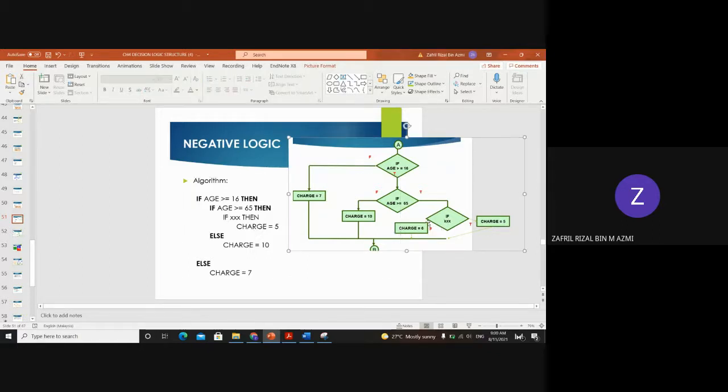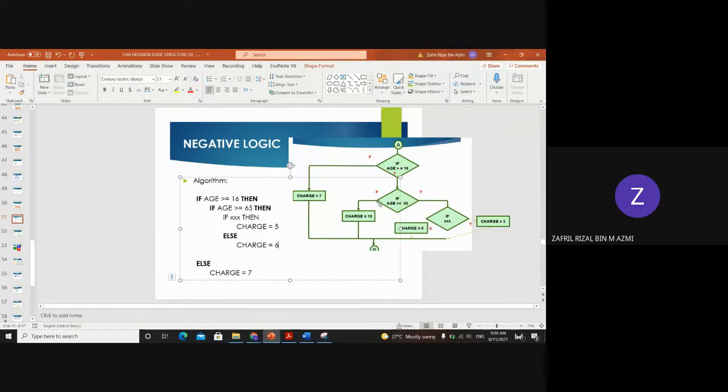Okay, this is else for this one. So it needs to be in line. Okay, so charge equal to 6. Correct. Charge equal to 6. Over here, 6.